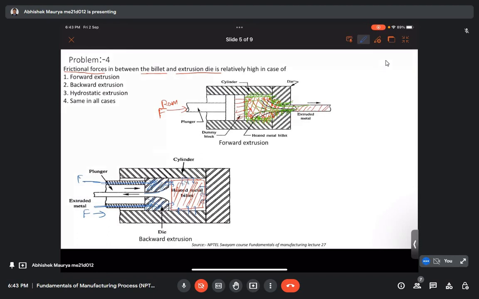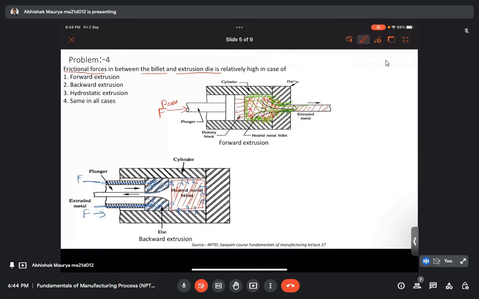when we apply compressive force on the billet, again material will try to flow in those directions wherever it will get a chance to escape.